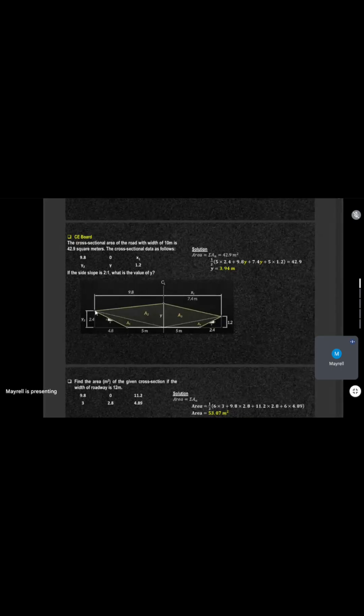So at this point, kanina point. And then on the other side, so you have x and 1.2. So from CL, you have distance of x, and from your road Pasaka, you have 1.2. So this point. After you plot the points, you connect those.